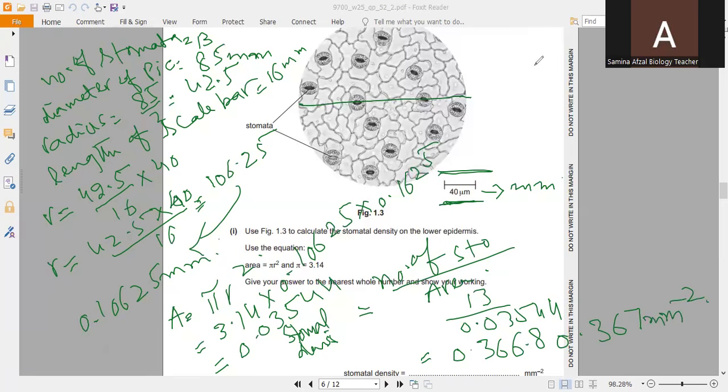So you can calculate it by yourself as well. You will find the same calculation, or there will be a little bit of small difference.